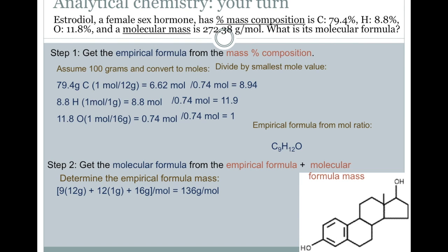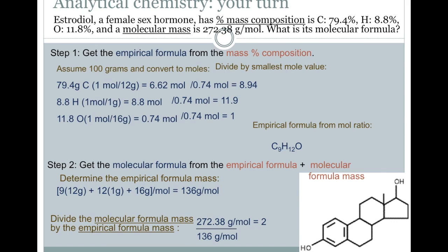So basically multiply the subscript for each atom in the compound times its molar mass, and we end up with a molar mass of 136 grams per mole. And then we're going to go up to the top again and look at the molecular mass, which is 272.38 grams per mole.